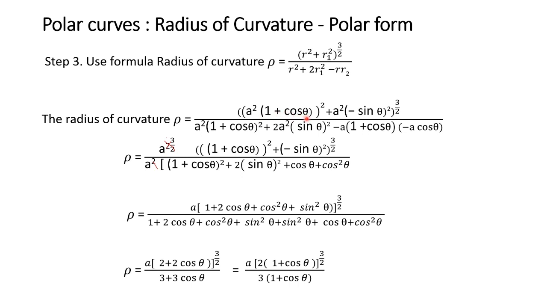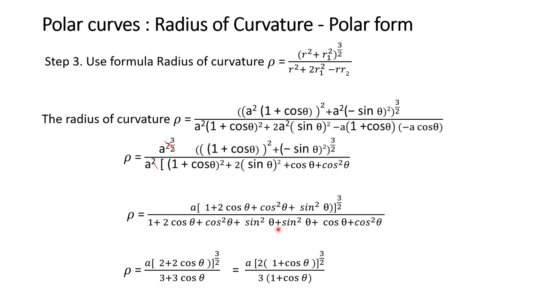In the denominator, expanding 1 plus cos theta whole square, we get this, plus 2 sin square theta, and multiplying these we get cos theta plus cos square theta. Cos square theta plus sin square theta is 1, simplifying we get this.